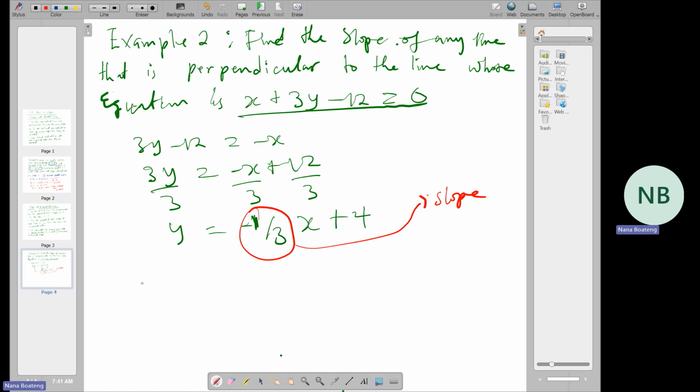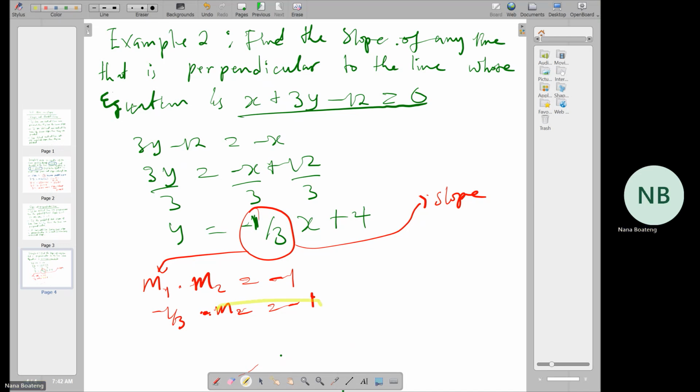So if the slope of this line is m1, times the slope of the line we are trying to find, m2, the product of the two should equal -1. We know the slope of this first line, m1, is -1/3, so -1/3 times the slope of the second line, which we are trying to find, is equal to -1.